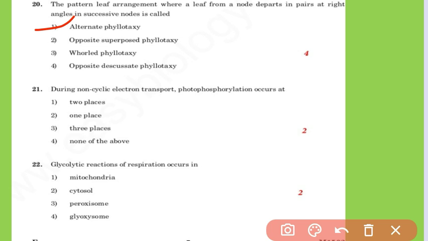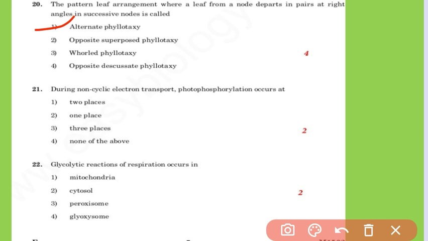The second is opposite. Opposite phyllotaxy is one in which two leaves are present on each node. The leaves are opposite to each other. The opposite phyllotaxy is classified into two types: opposite decussate and opposite superimposed. In opposite decussate, the leaves of two adjacent nodes lie at 90 degrees to each other.